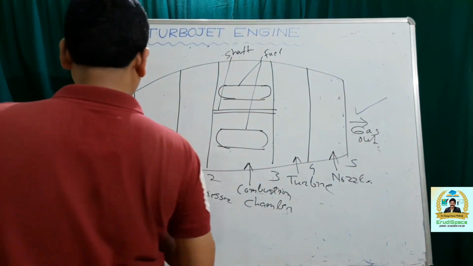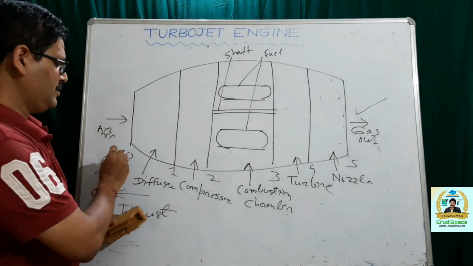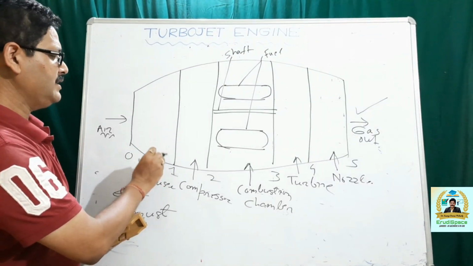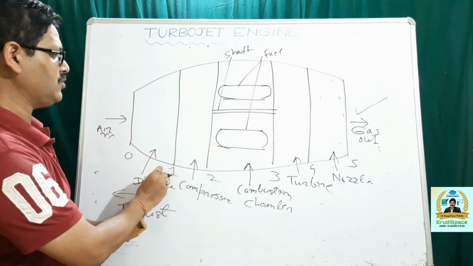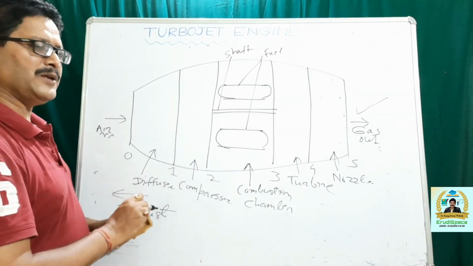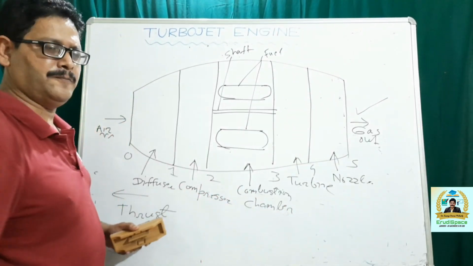And here the entry condition to the diffuser is taken as 0, the exit condition is 1, the entry condition to the compressor is 1, and the exit condition is 2 as far as the compressor is concerned. Similarly for the combustion chamber, turbine and nozzle.